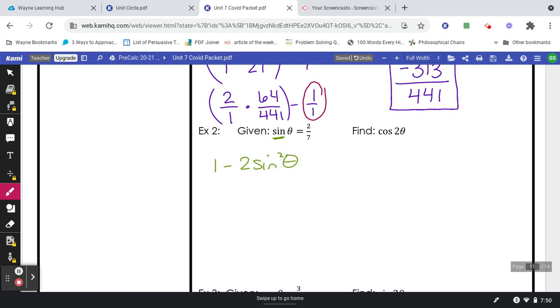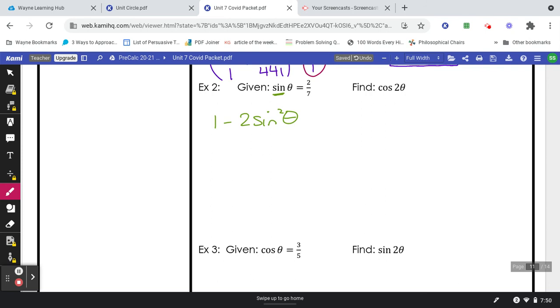And this problem is going to work just like the last one did as far as squaring things. I'll put 1 over 1. I'll deal with that at the end. Again, you're going to focus on your multiplication first. 4/49.